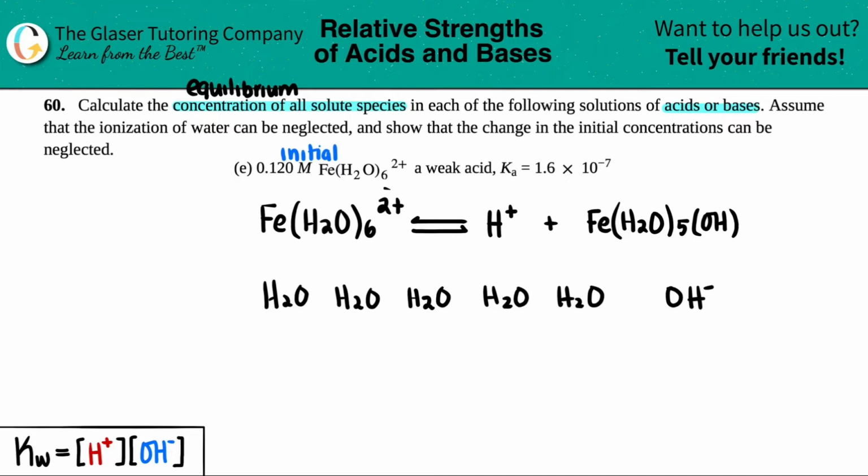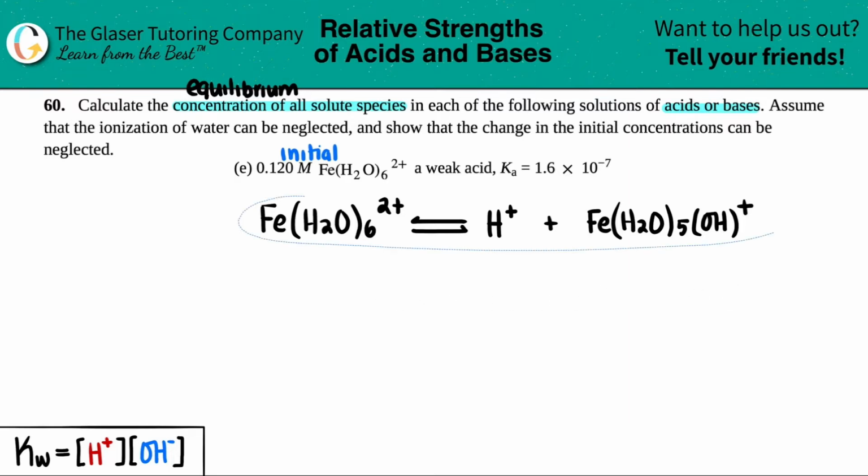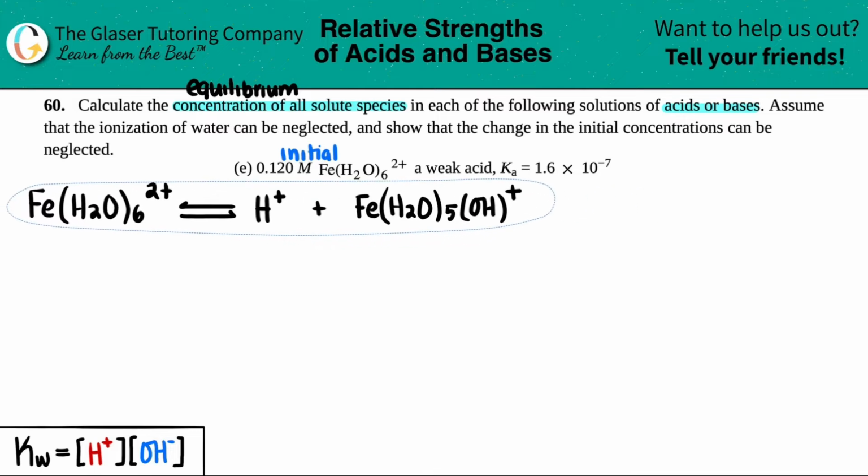And now, if you removed a hydrogen, you drop 1. So 2 plus minus 1 is just a plus 1. So I'll just say plus. And now that is my balanced equation. So I'm going to put this over here.